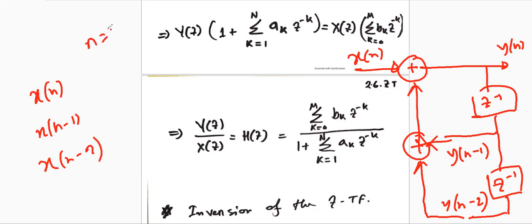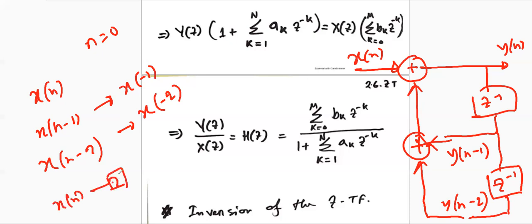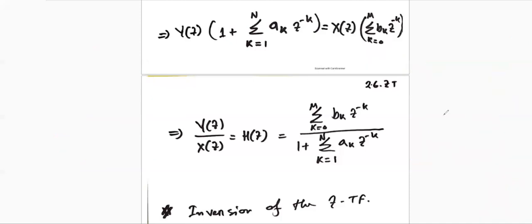If n equals 0, that means the current value, then x[n-1] is just the previous value delayed, and x[n-2] means the two delayed value. So if I have x[n], put a delay z to the power minus 1, it gives x[n-1], as we have shown for the y output as well.